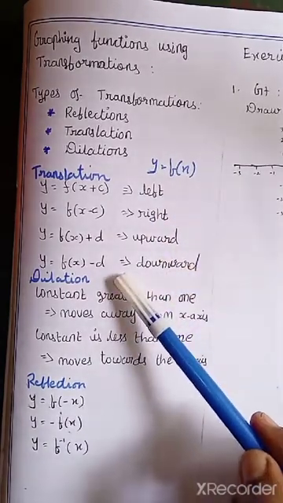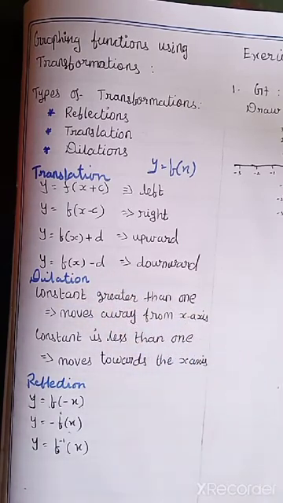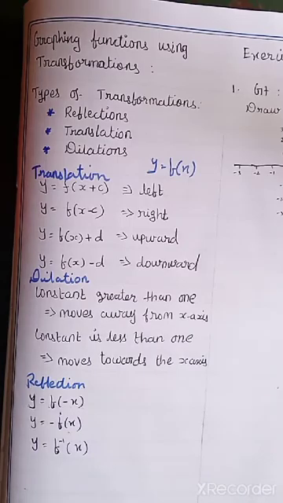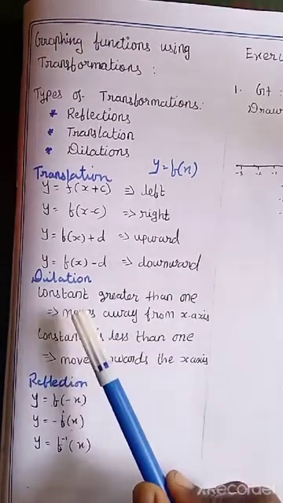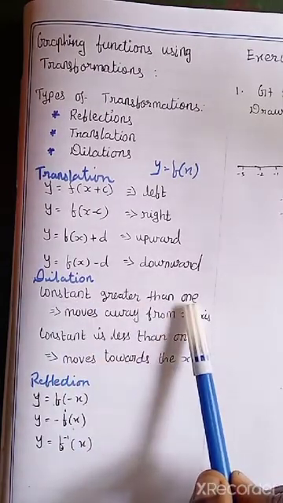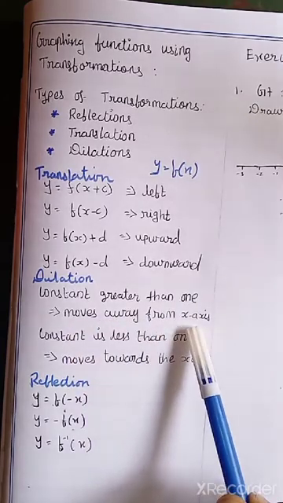Next, dilation. What is dilation actually? Dilation is also a transformation which causes the curve to stretch or compress. So the graph may be stretched or it may be compressed. That is your dilation. In dilation we have two points to remember. If the positive constant is greater than 1, the graph moves away from the x-axis.